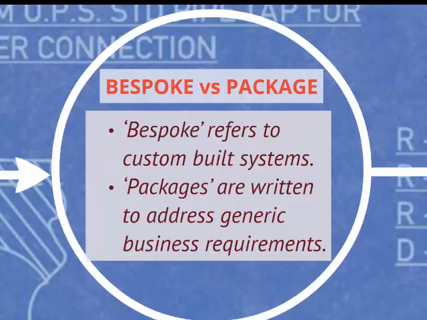The alternative, of course, is a package, sometimes called a shrink wrap, and packages are written for generic business functions. You might say that businesses need an accounting system, an ordering system, a sales system, and it doesn't matter whether you're selling tarmac or pencils, you still need to sell. So your sales systems generally look the same, and that's what packages do, they're generic.